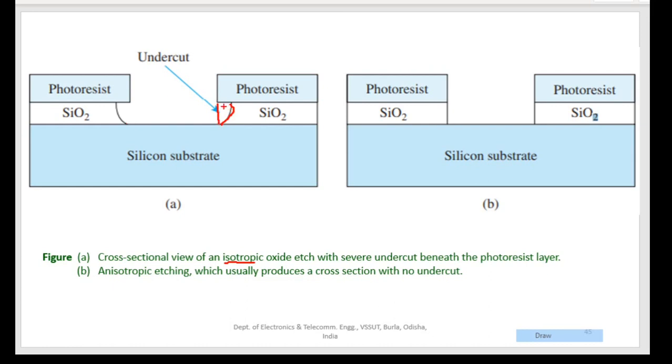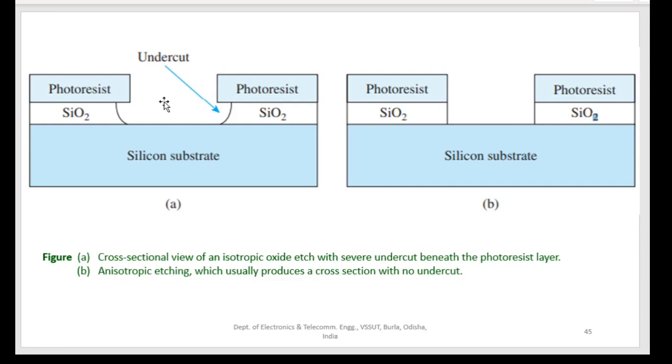We did not want this area to be etched out, but it was still etched out. Okay, and this unwanted area that was etched out in this process is known as an undercut, right? And similarly, this area is also an undercut. So this is not a perfect patterning. This is not a case of perfect etching.